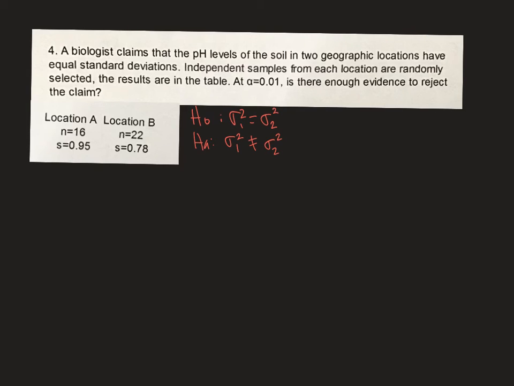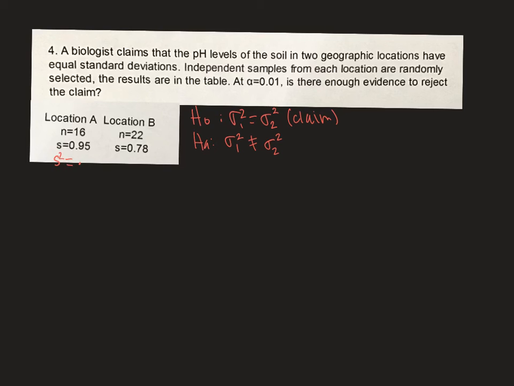So our claim is that they're equal, which would be H0. So before I do anything else, I'm going to find what my variances are going to be. So I'm going to square both of the standard deviations.